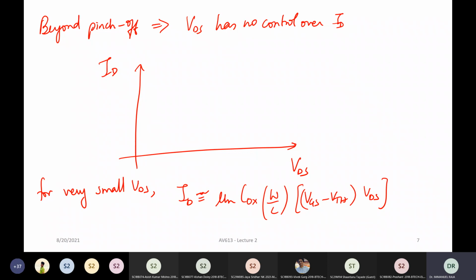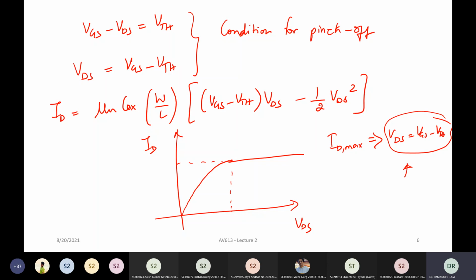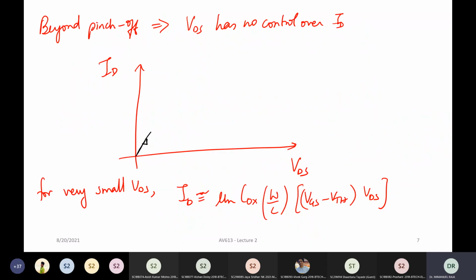So it is going to have a linear dependence between VDS and ID. Which means that at this point, very close to the origin, this is a very linear section of the curve. And then beyond that, the half VDS squared term starts kicking in, and therefore you have the quadratic, or rather the parabolic behavior.